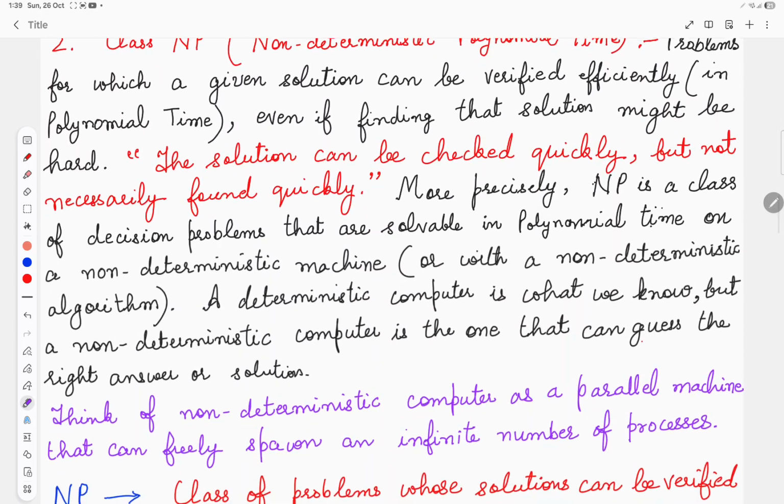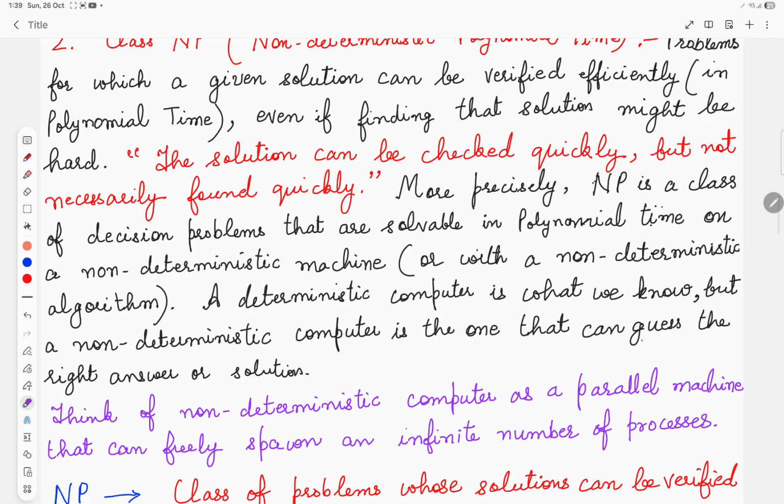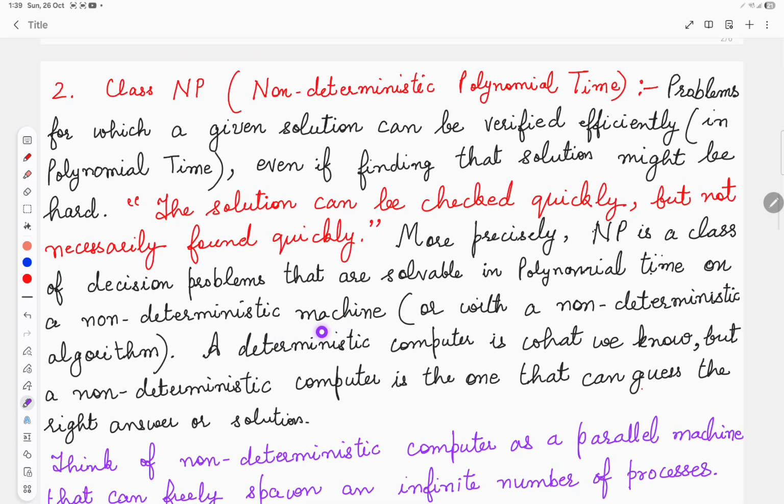Whereas, what is a non-deterministic machine? We have to understand. A deterministic computer is what we know, but a non-deterministic computer is the one that can guess the right answer or solution. A non-deterministic machine will not exactly determine the solution, but will make guesswork that this might be the solution, which can be found in future.